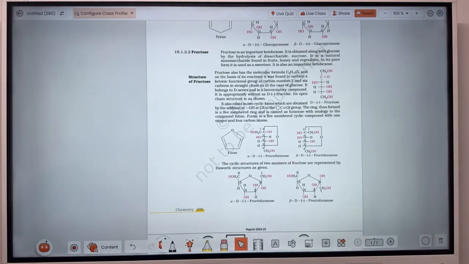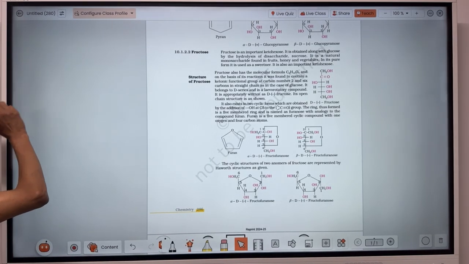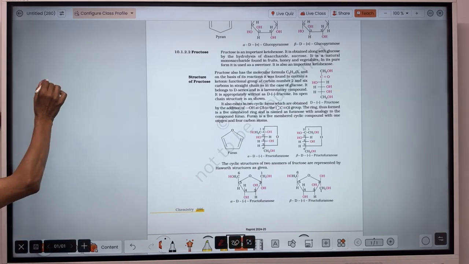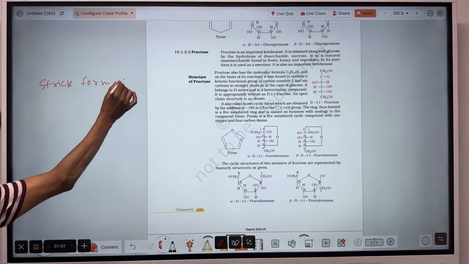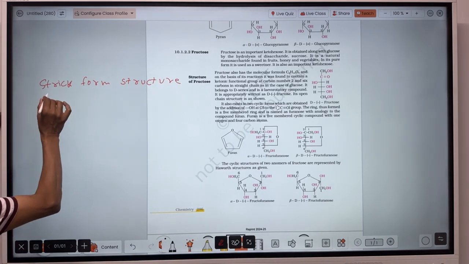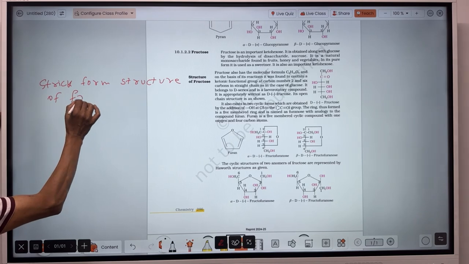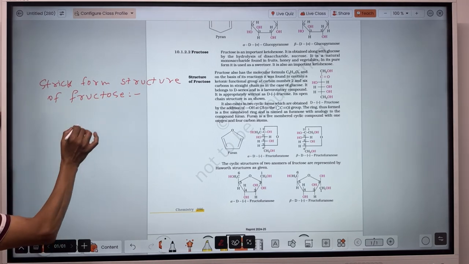Same here, glucose here. First, we will have to draw the stick form structure of fructose. So 6 carbons here.